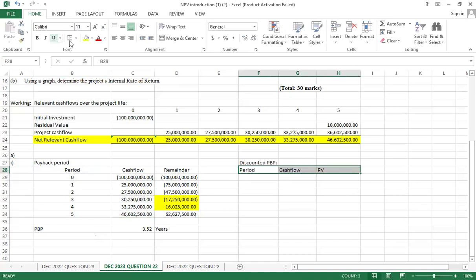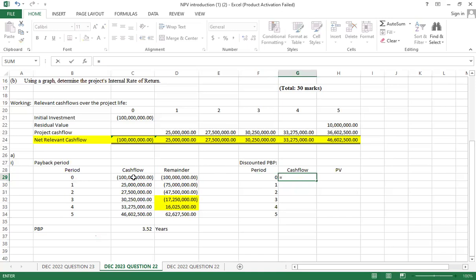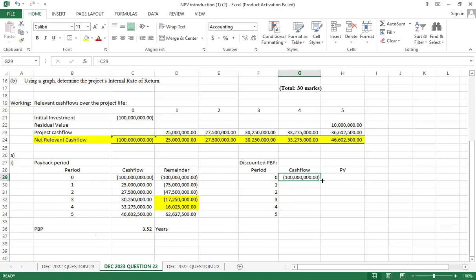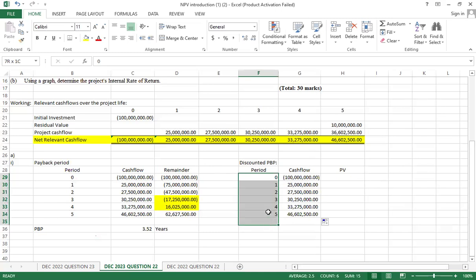The period is 0 followed by 1 all the way to period 5. The cash flows are the 100 million, and then of course the rest of the cash flows also.